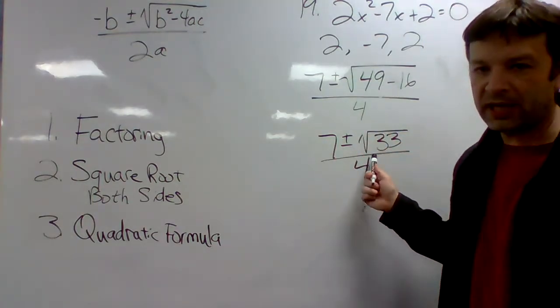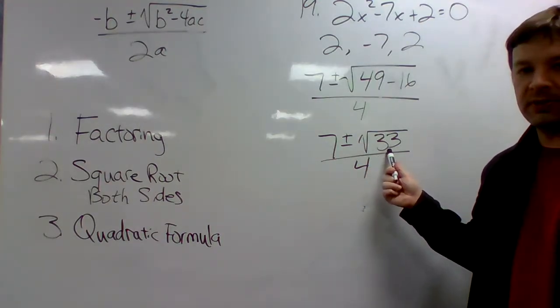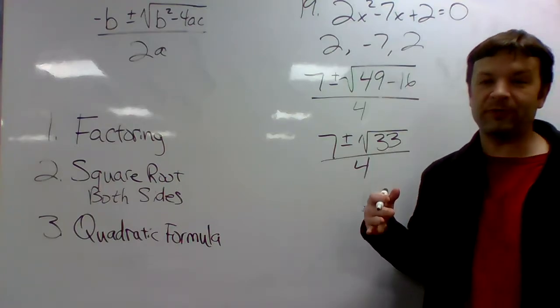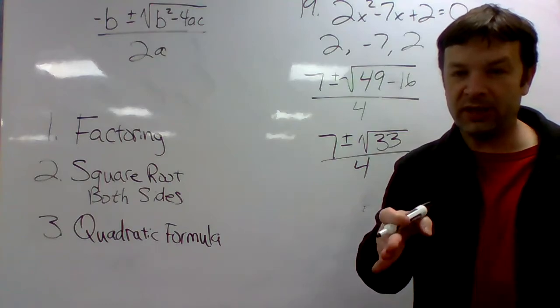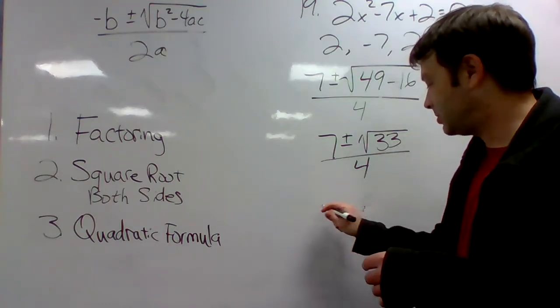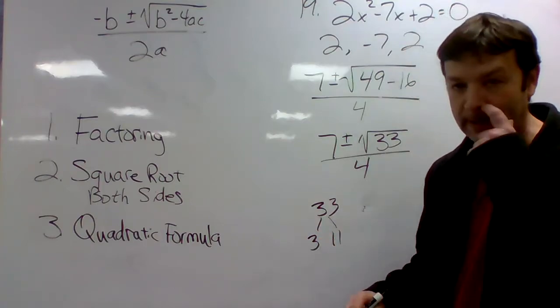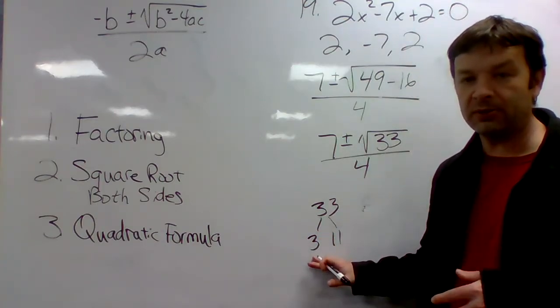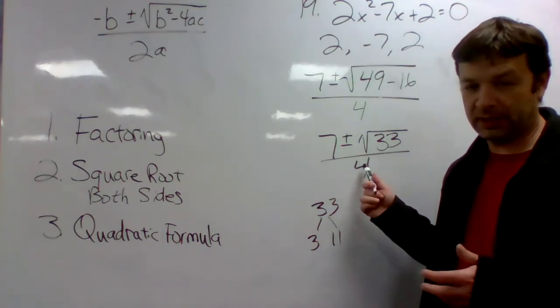Does 33 have a square root? No. Can we simplify it? Does it have a double? If we did the tree thing, does it break down with the double? No. 33 is 3 times 11. Those are primes, it stops. So, kind of good news, really.